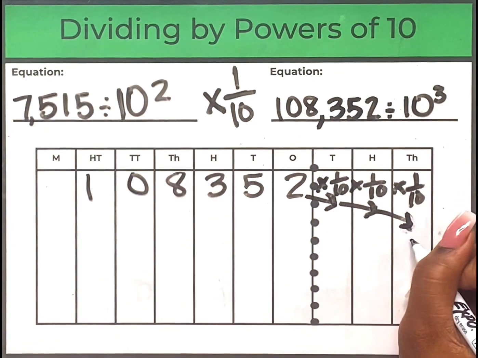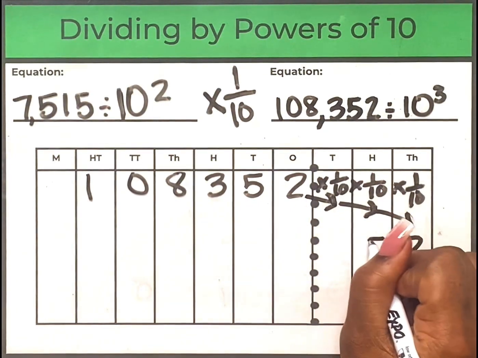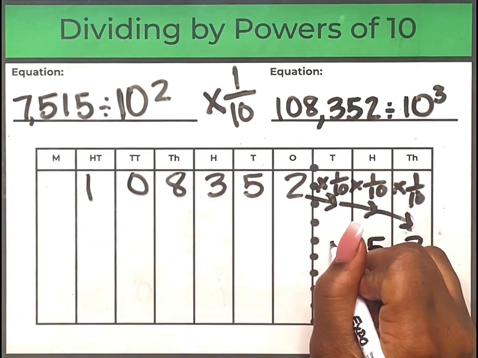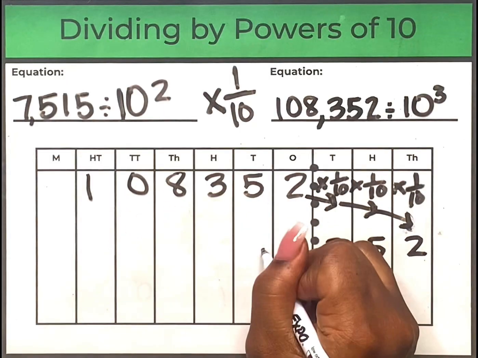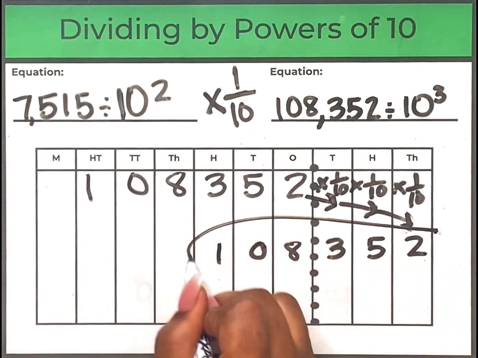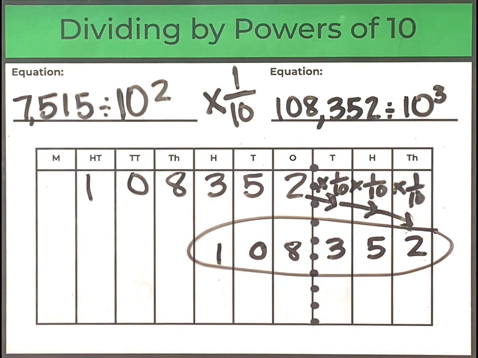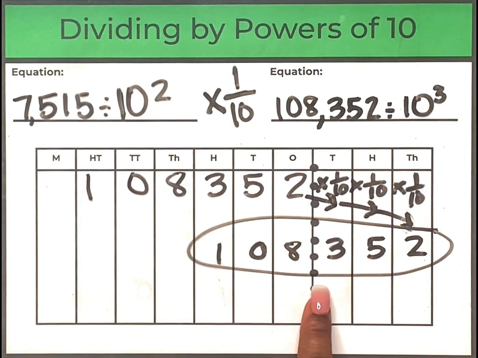So then we place the 2 here in its new location. And we just drop all the other digits directly in front of each other. Just keep dragging them digits over. That's the easy part. Right, now circle your new answer. 108,352 divided by 10 to the third power is 108 and 352 thousandths. Very good.